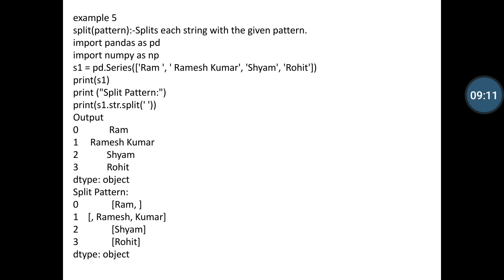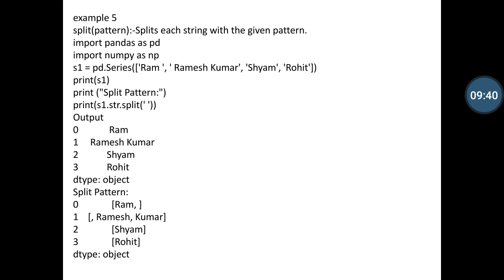value in a string, in single quotation marks, and then close the print statement. After executing, you can notice here that the split pattern gives the output as a list type data structure.